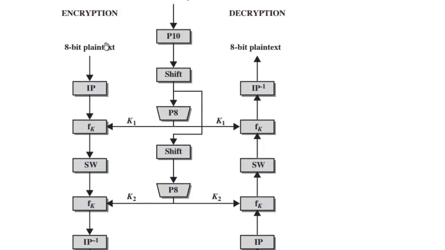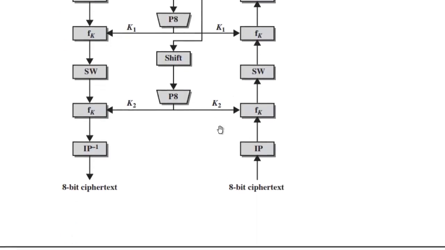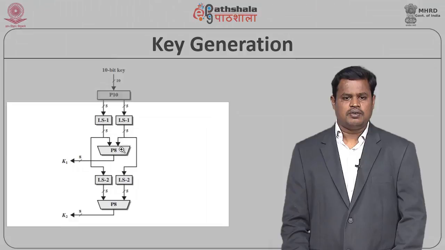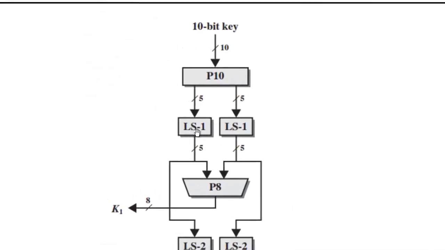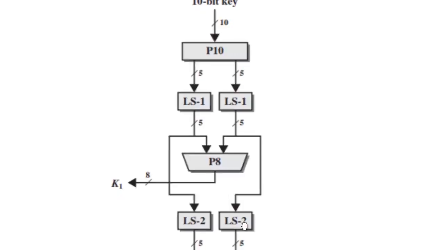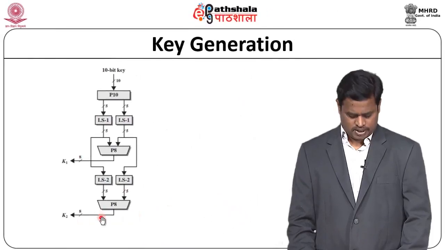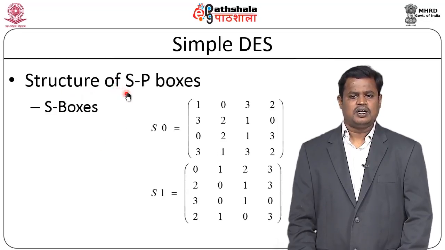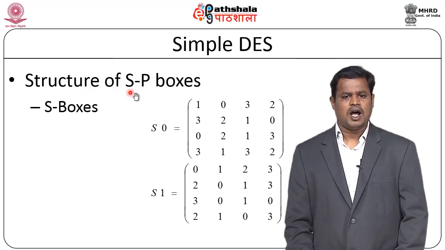So in both cases, the input is plain text or ciphertext and the output is the other, here an 8-bit ciphertext. The key generation process, as explained, has left shift 1, 1, then left shift 2, 2, and that generates K2. Now we can see the structure of the S-box, the substitution box.